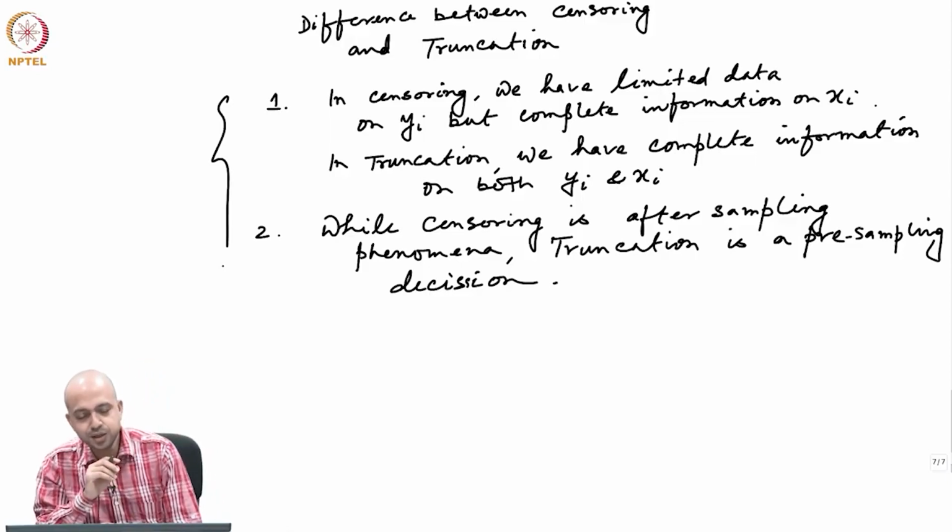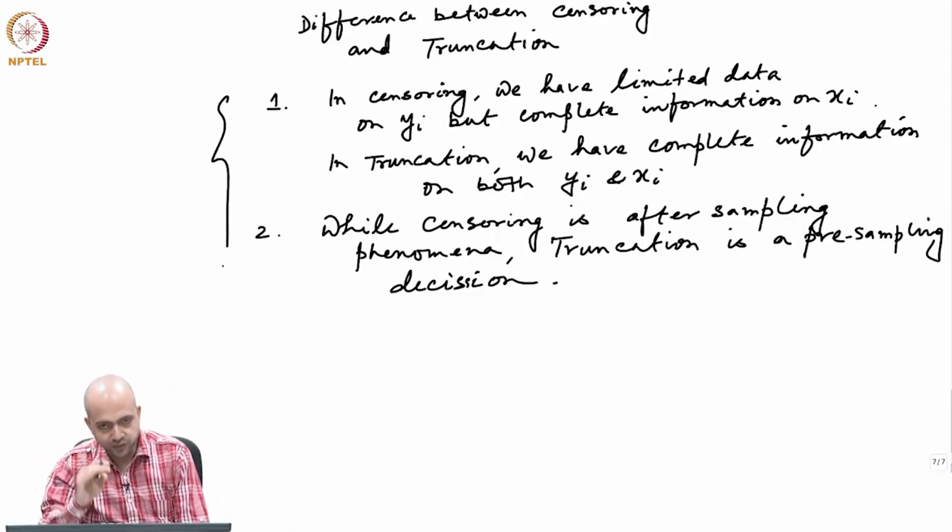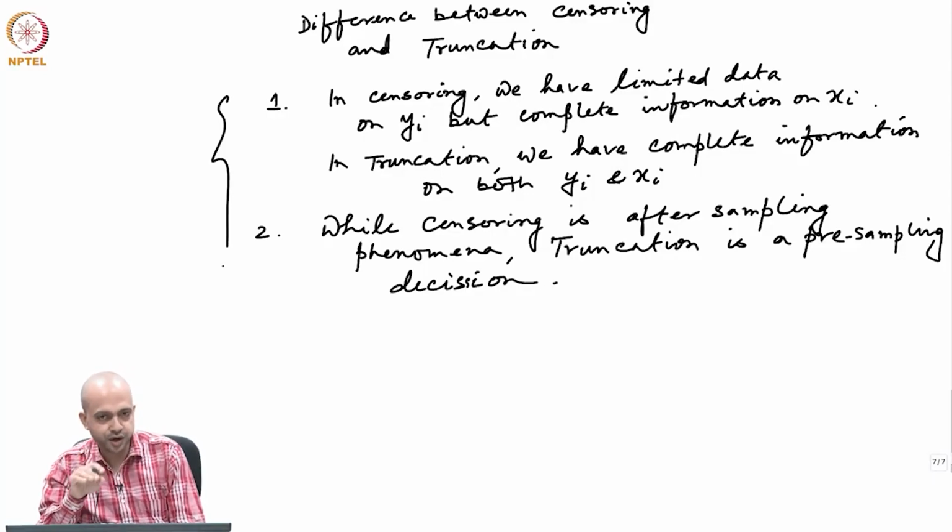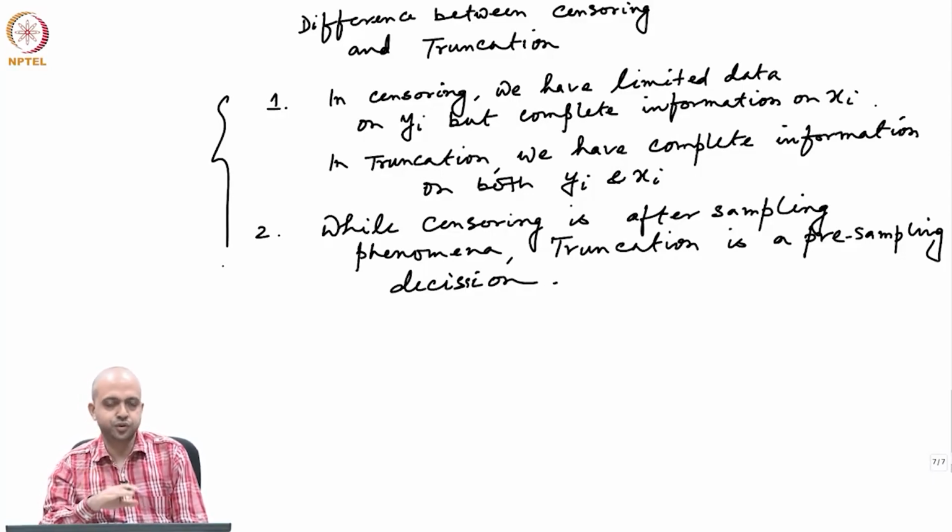So, these are the two differences between Tobit regression, which is also known as limited dependent variable or censored regression model, and the truncated regression model. We are not discussing the truncated regression here, we will discuss only the Tobit model, but you should always keep this in mind, because sometimes your objective might be such that you have to apply only the truncated regression.